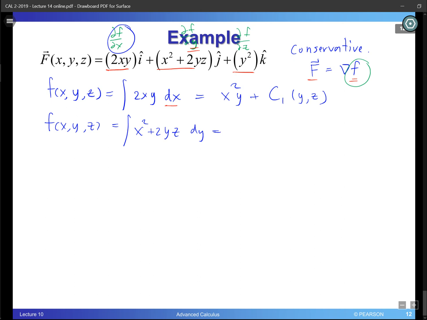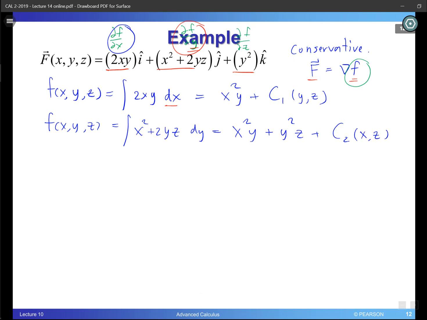Integrate this with respect to y, we get x squared y plus y squared z, and now with some constant. But this constant can have x and z in it, because when you perform the partial differentiation with respect to y, you treat x and z as constant, so it might show up right here.